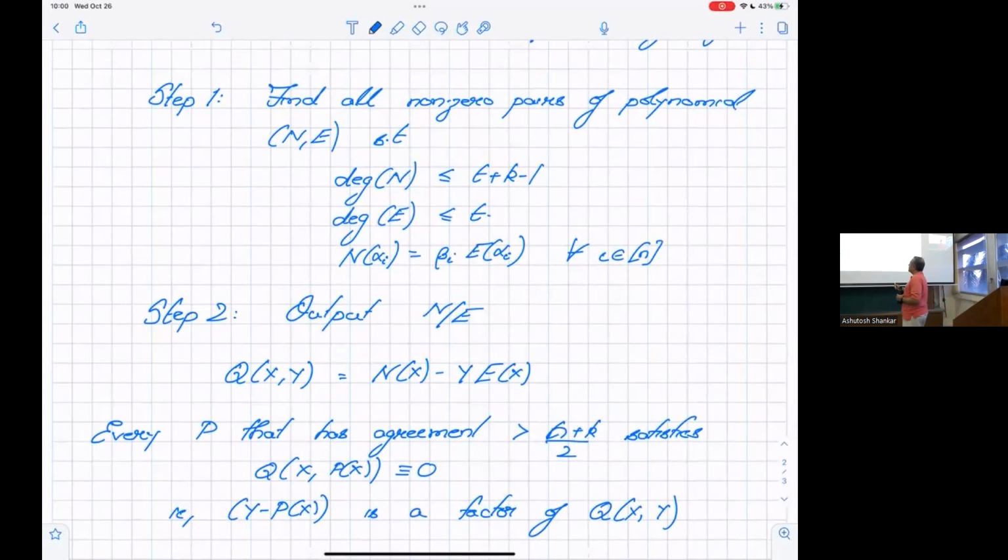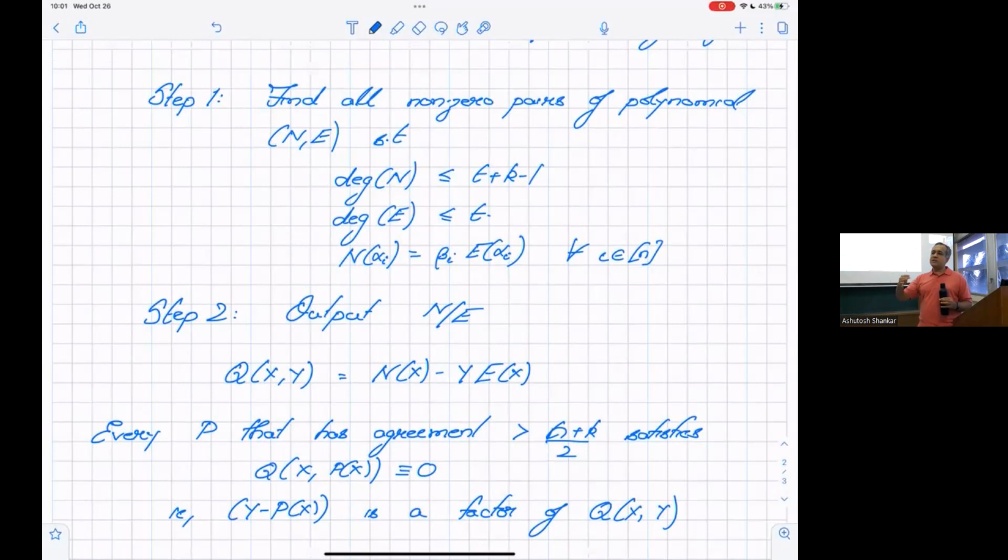We will do the same thing. We will find an algebraic explanation for the points in the first step. Previously we were finding a bivariate polynomial Q of x, y so that the degree in y was 1 and the degree in x was bounded, with some degree restrictions.